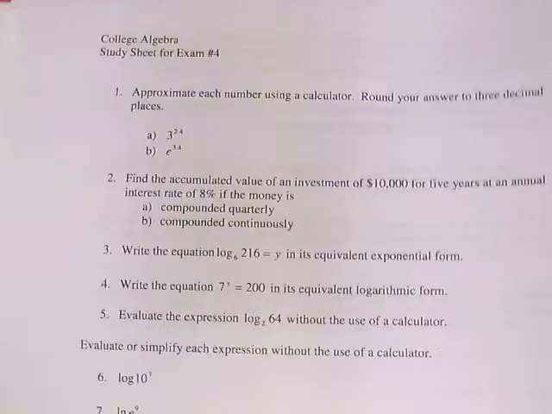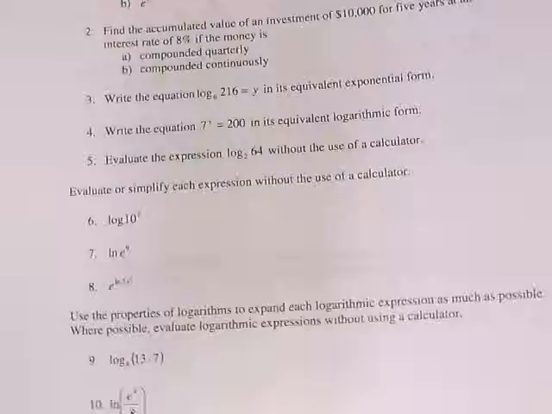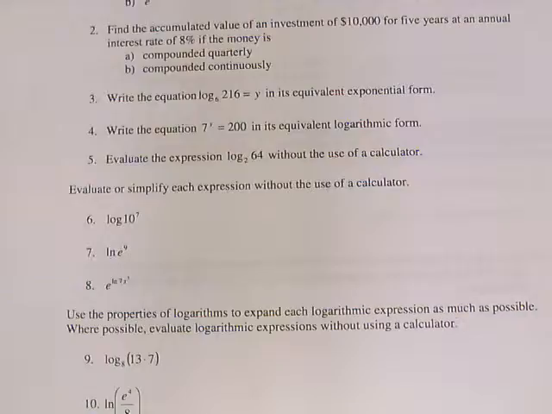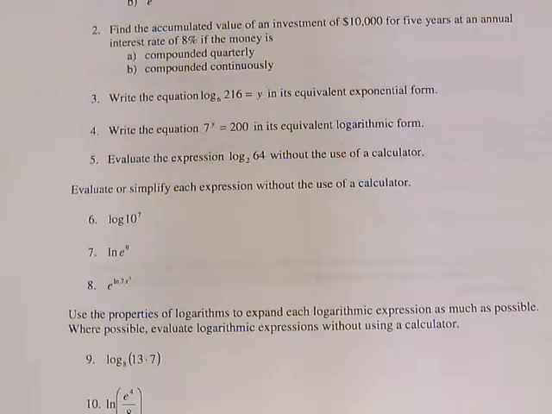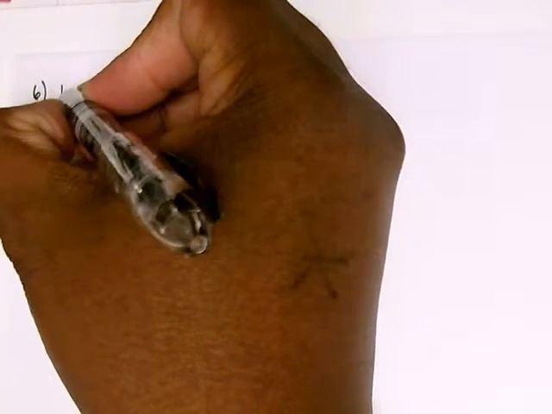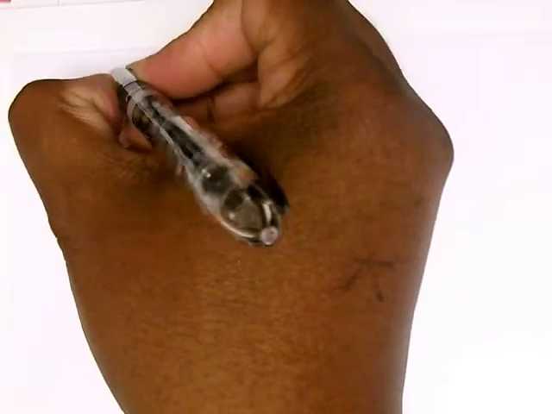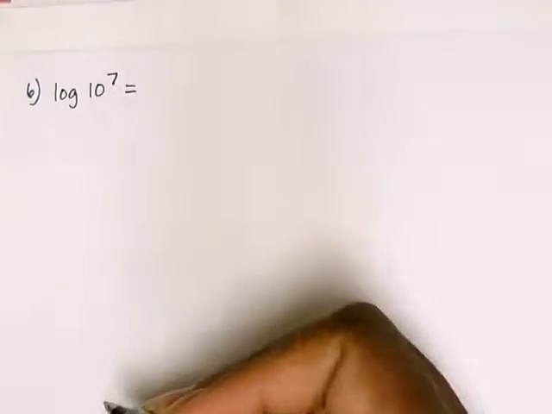Alright, let's move on to problem number 6. It says to evaluate or simplify each expression without the use of a calculator. So in problem number 6 you've got log of 10 to the power of 7, and I want to find out what that's going to be equal to.